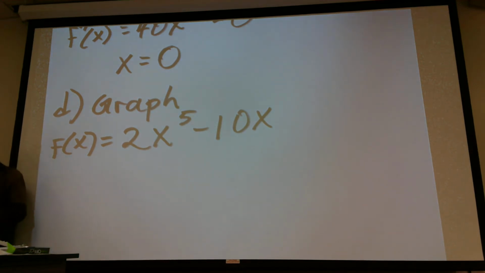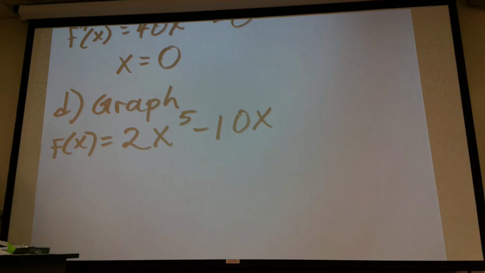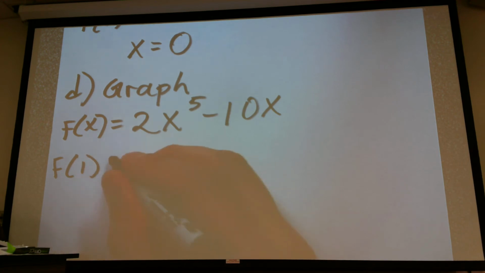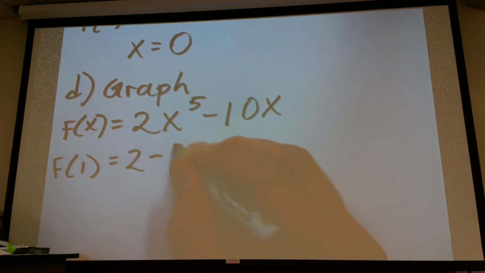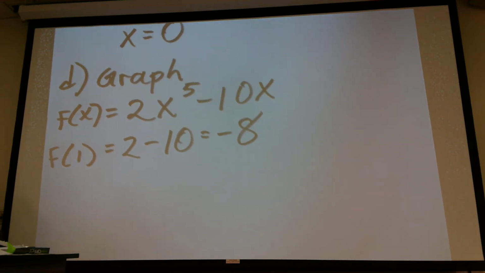Now we need to think about our critical points, and let's go ahead and plot those critical points. So f of 1 would be 2 minus 10, which equals negative 8.